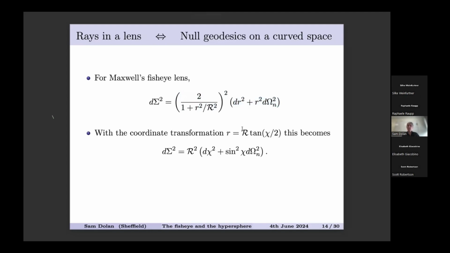Now, making this coordinate transformation here, this becomes the line element for a hypersphere. So this is manifestly the line element for a hypersphere, and that's revealed by the geometrically motivated coordinate transformation. So now it becomes obvious why we're getting this perfect focusing happening. It's because we can map directly to great arcs on a sphere.